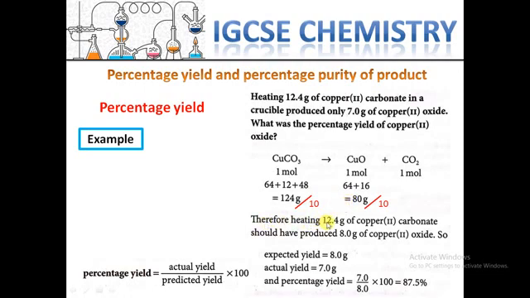Therefore, heating 12.4 gram, that is here, of copper 2 carbonate should have produced 8 gram of copper 2 oxide.